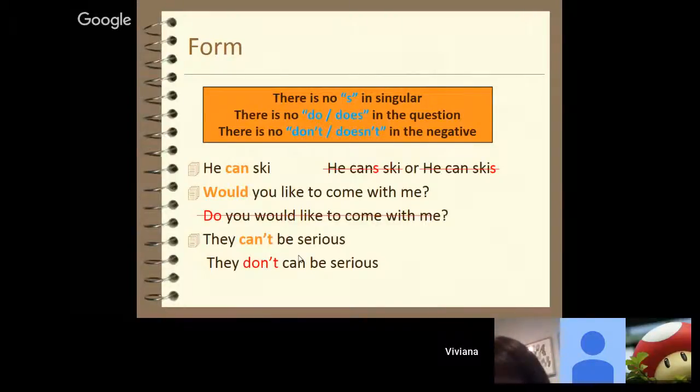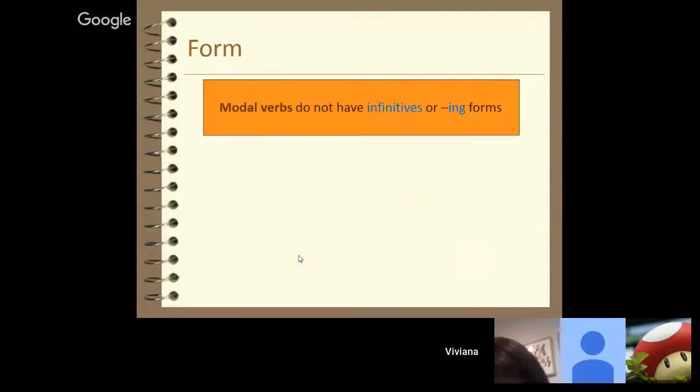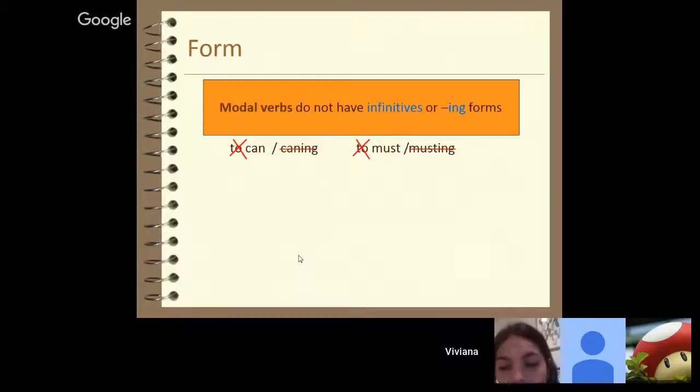We don't say they don't can be serious. That is wrong. Okay, modal verbs do not have infinitives or ing forms. So, for example, to canning, or to musting, or to shoulding, or to willing. No, that is not possible. And also, we don't use to: to can, to must, to could, to will. No, that is wrong.